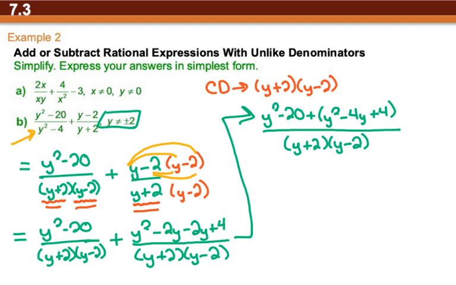Now I did put brackets around the y squared minus 4y plus 4. When we were subtracting, it was absolutely necessary to distribute the minus in. Here it actually was not, because when you distribute a plus in, it doesn't change anything.